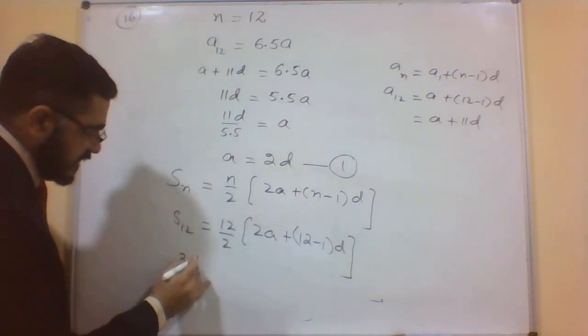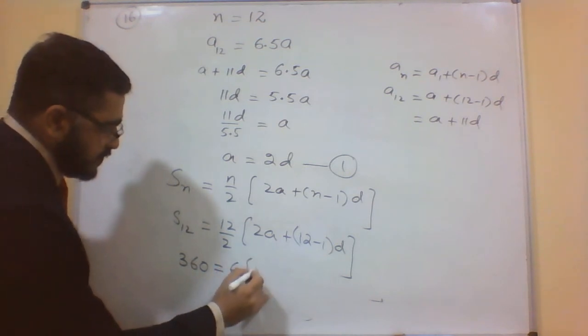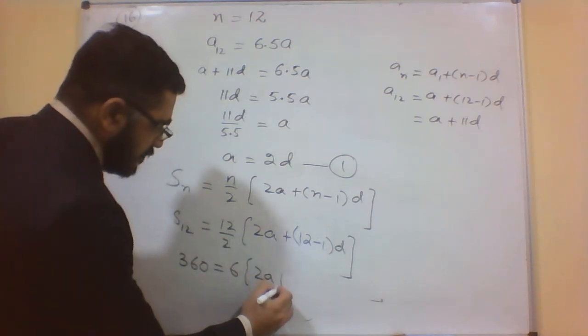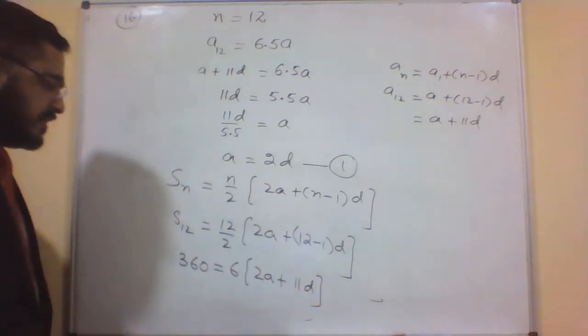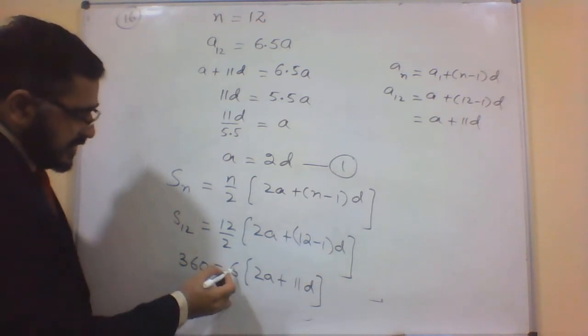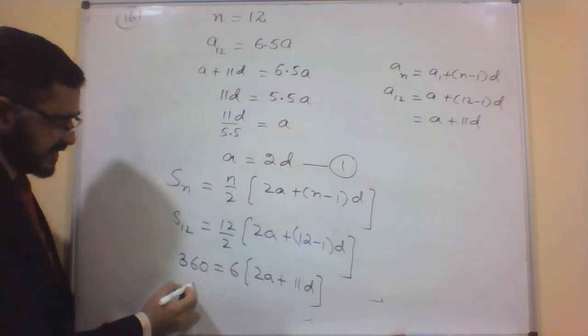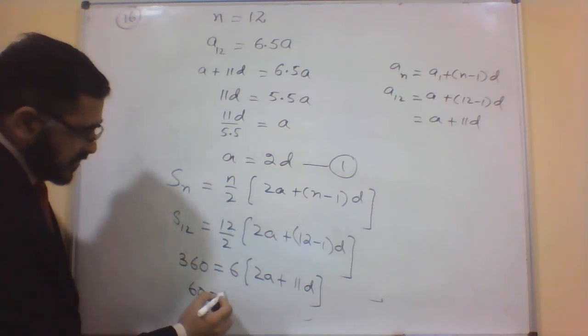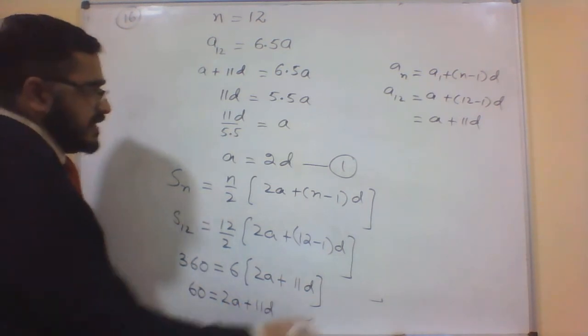Here we will take 360. 12 divided by 2 is 6 here. 2a plus 12 minus 1 here will be 11d. Then after that, this 6 we will shift to this side. Here will be 360 divided by 6, which is 60, equal to 2a plus 11d.